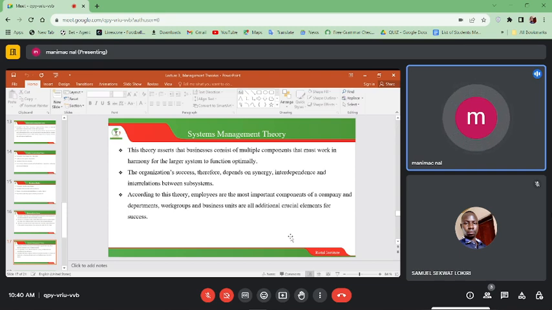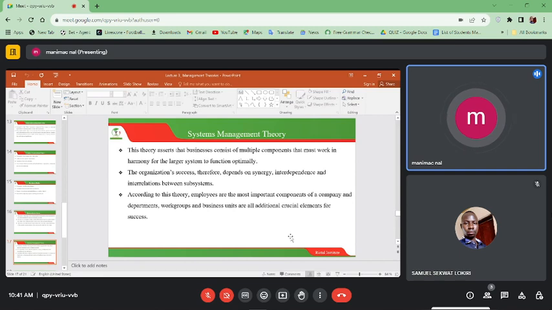So the organization's success depends on the synergy, the interdependence and the interrelations between the subsystems, because a system is made up of interrelated and interdependent parts.